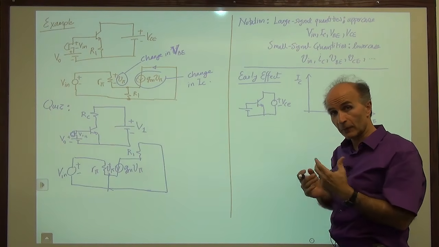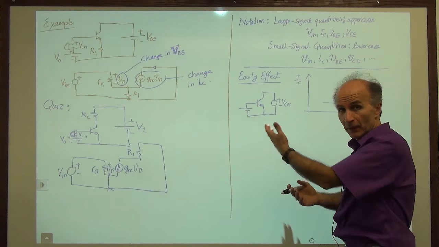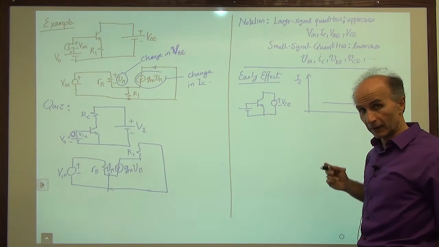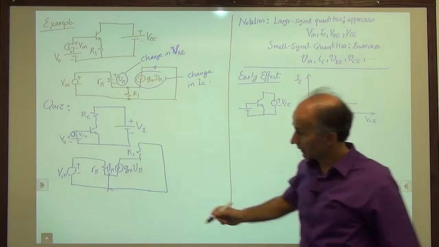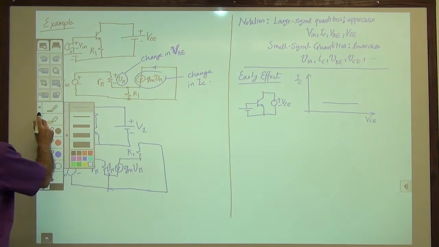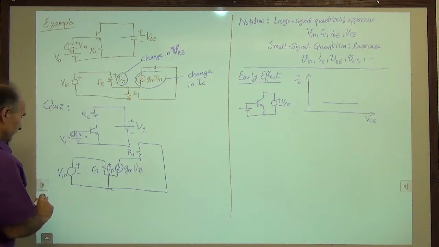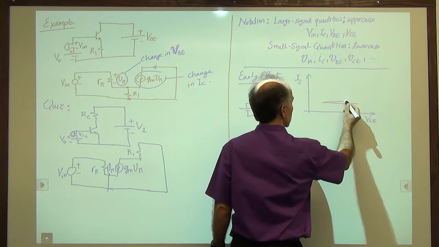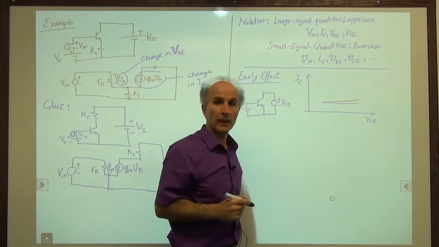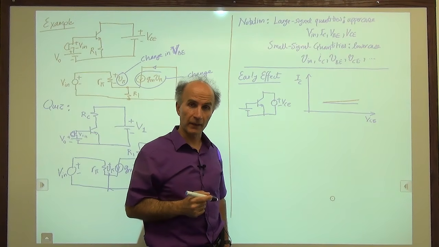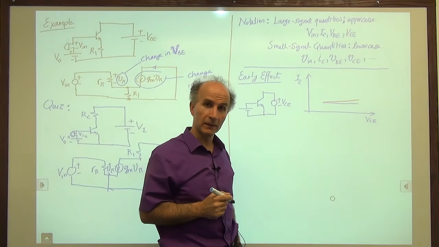Now in reality, if we go to the lab and build the circuit and perform this measurement, that's not what we see. In reality, what we will see is the following. So let's change the color of our pen. We see that this actually goes like this. It has some variation. So that's interesting. Why does this happen?